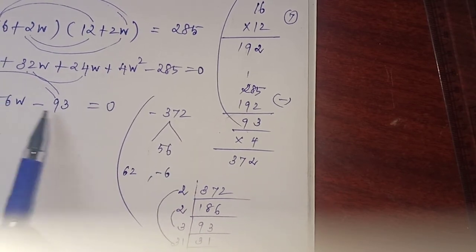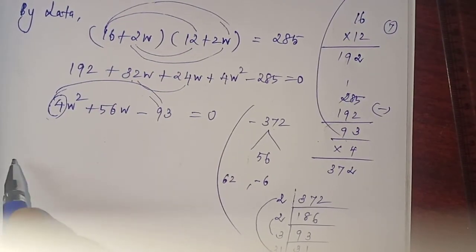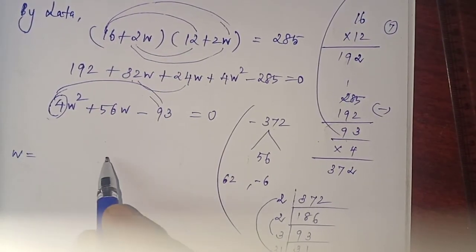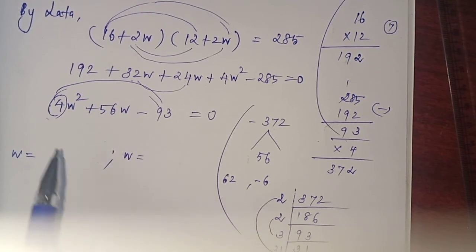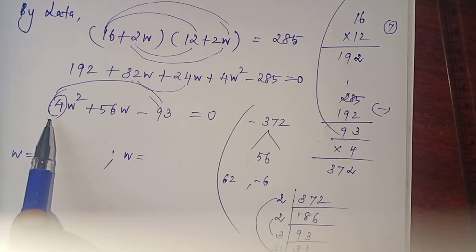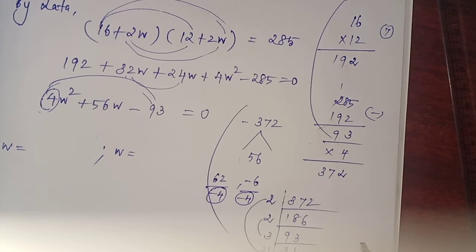Since it is a quadratic equation, we can find the values of W directly. Write W equals. What is the coefficient of W square? 4. Write 4 in the denominator. Okay. Now you have to simplify.